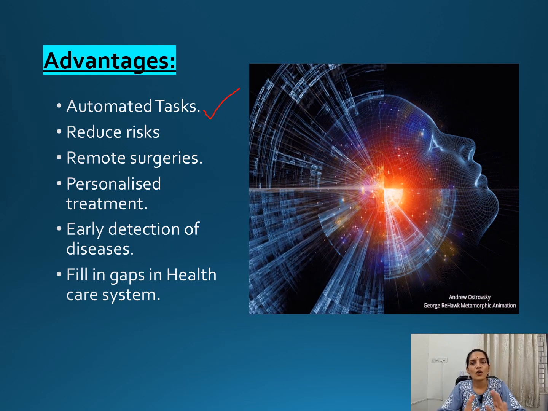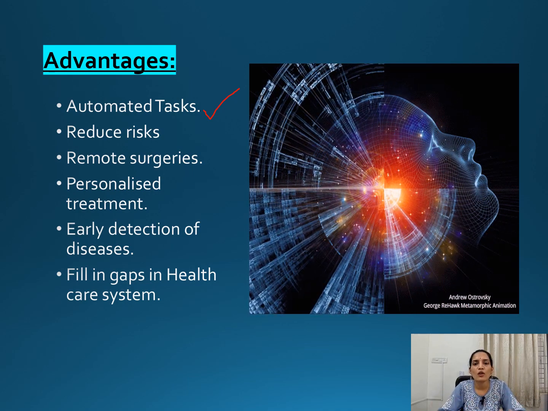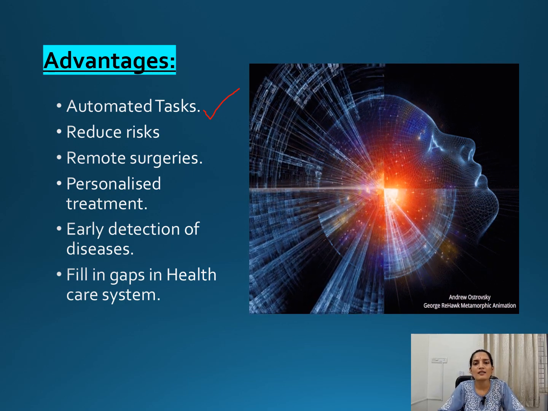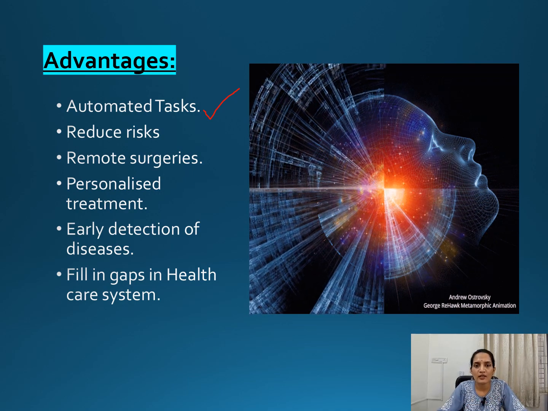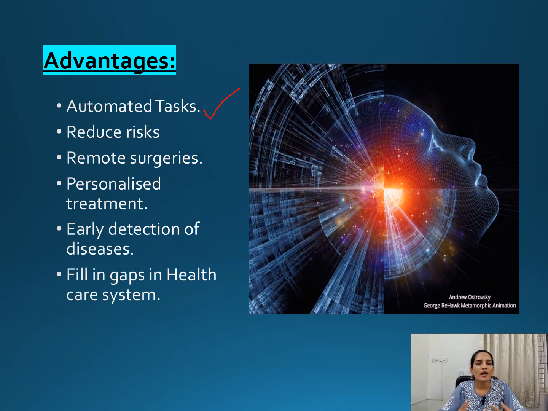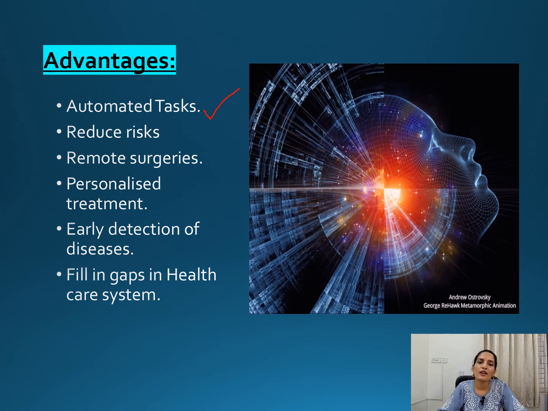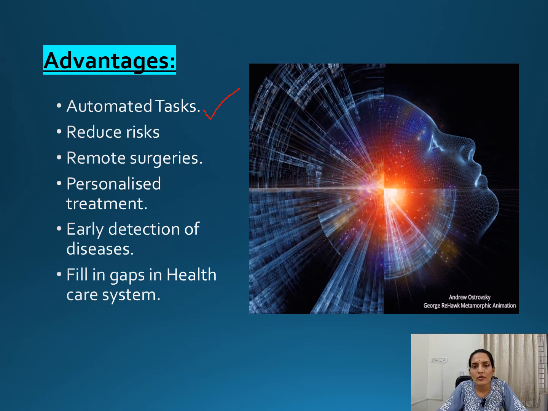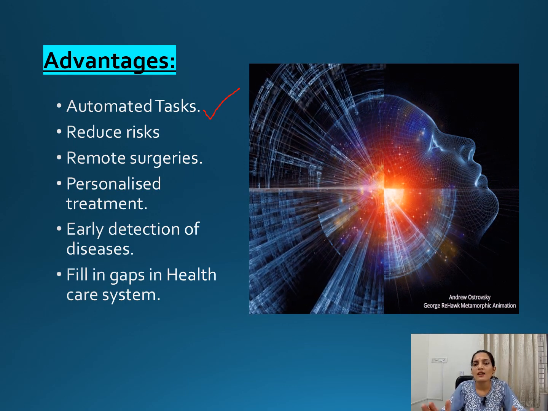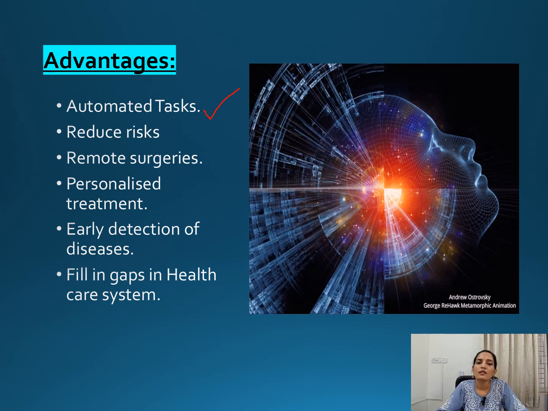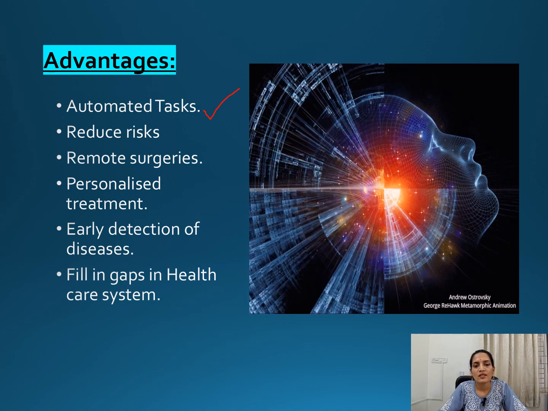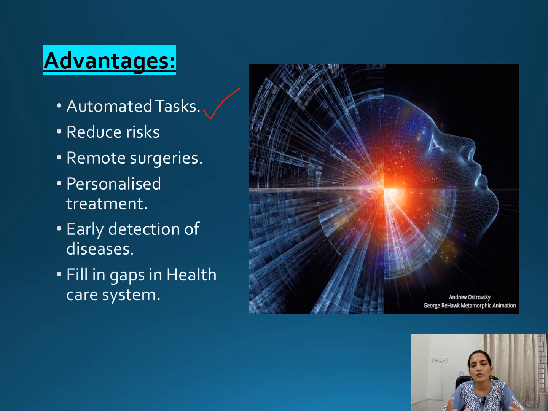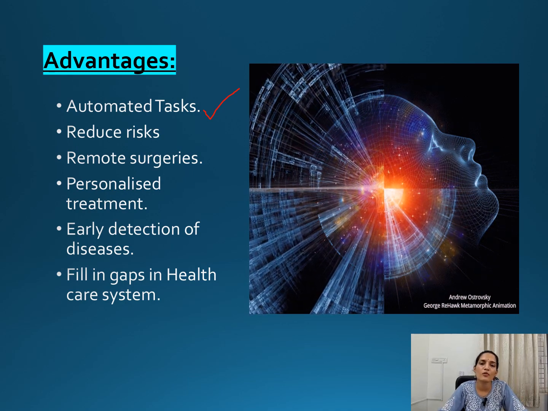If a doctor is getting ready for a surgery in a major hospital, before actually taking up this task, the operation theater has to be made ready by some human resources like nurses, compounders, etc. But that kind of basic task done by human beings can be replaced by robots. So this is what automated tasks are all about. I just told you an example. There are, of course, many other automated tasks that you can also presume.